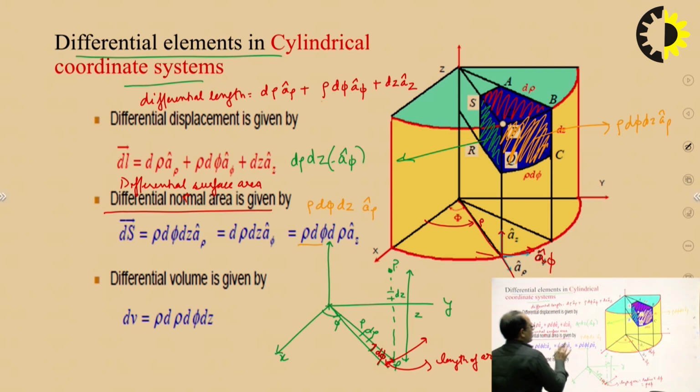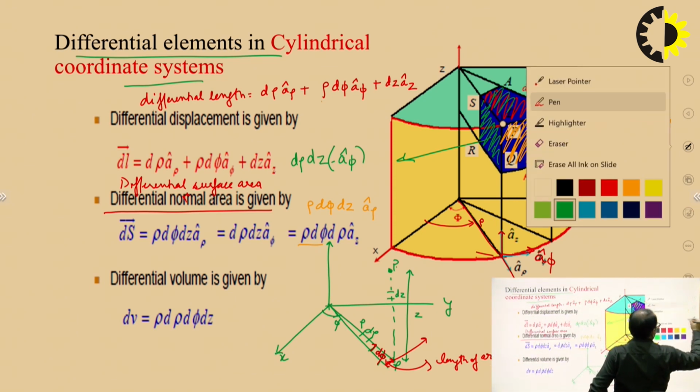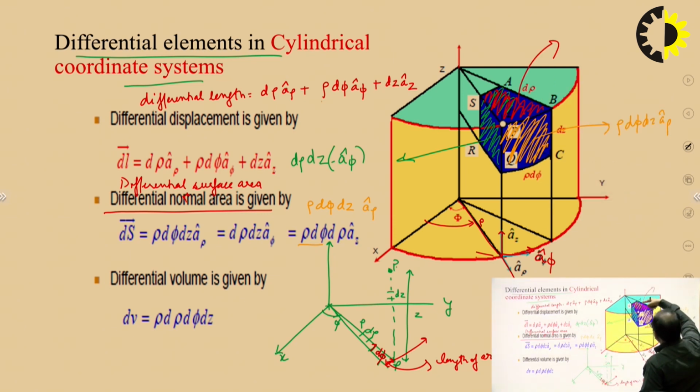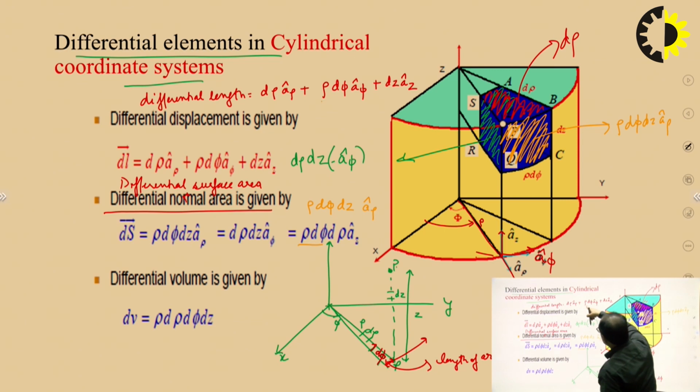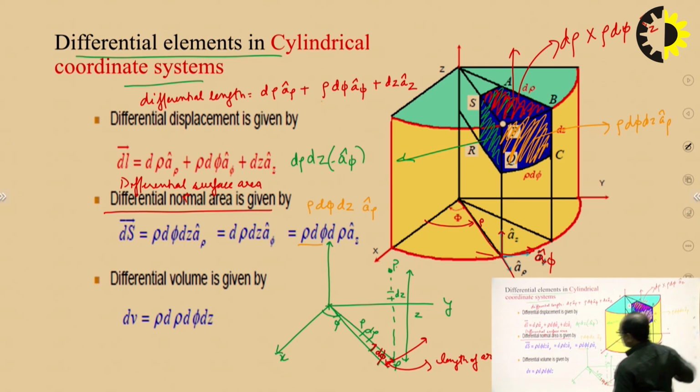Clear? Now next one, for this plane, d rho varies and phi varies. For the phi variation, that is rho d phi multiplied by d rho, and the unit vector direction will be plus a cap z.